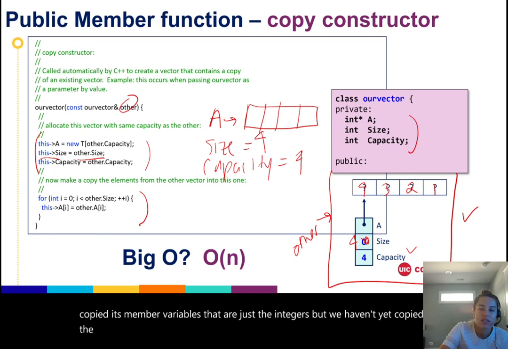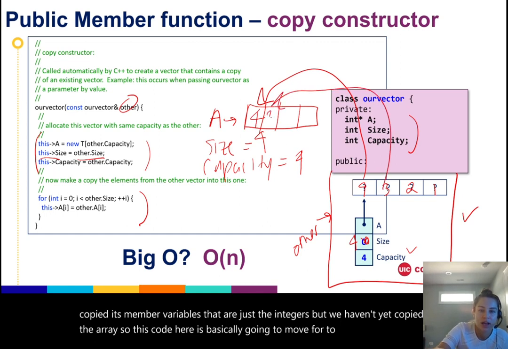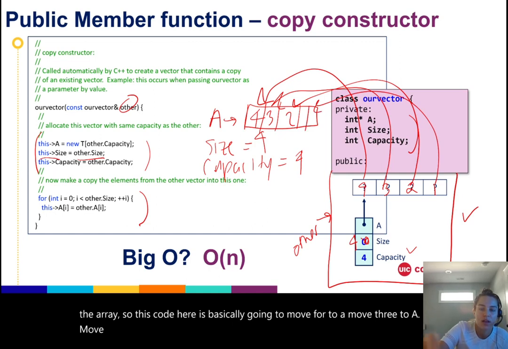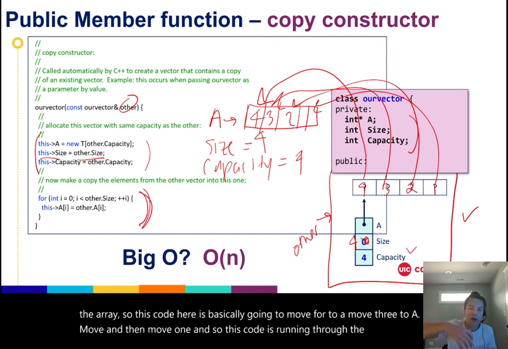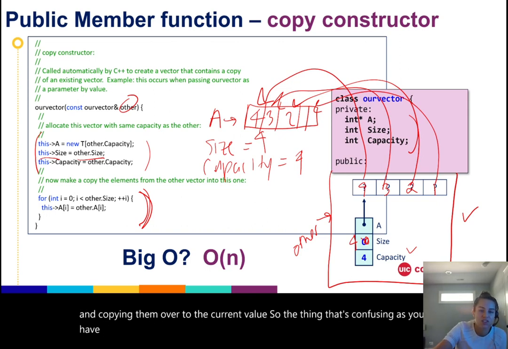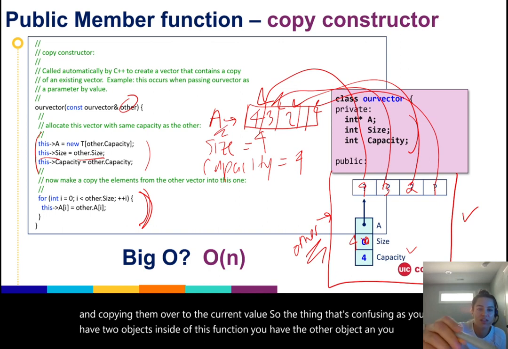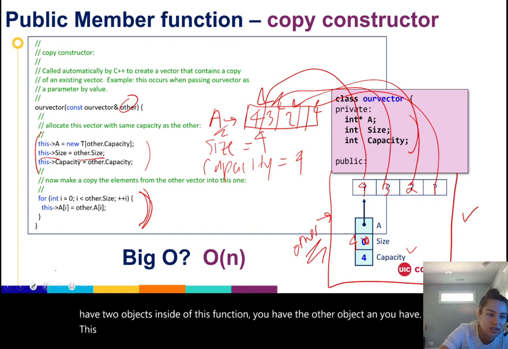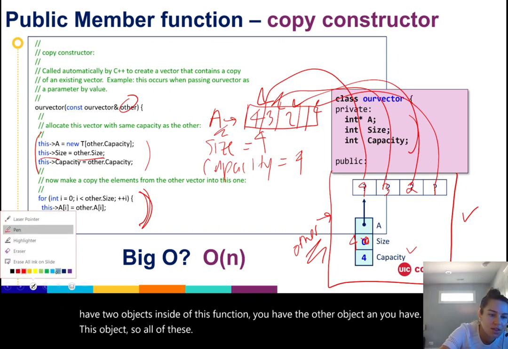So this code here is basically going to move 4 to A, move 3 to A, move 2, and then move 1. This code is running through other's values and copying them over to the current object. The thing that's confusing is you have 2 objects. Inside of this function, you have the other object and you have the this object. All of these are associated with this.